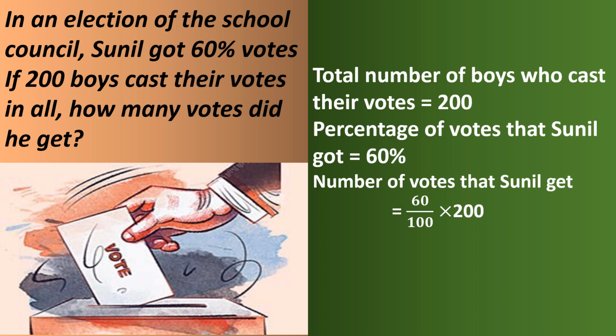Just solve this. That is very easy. Just 0 and 0 will be cancelled, and here 60 multiplied by 2 equals 120 votes. So we can say Sunil got 120 votes. It is so easy.